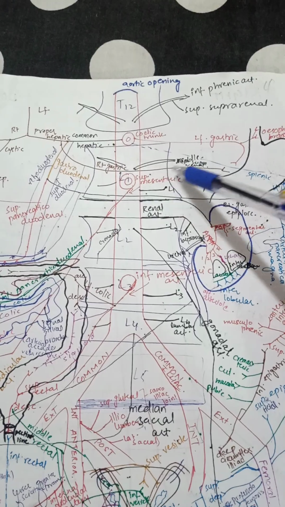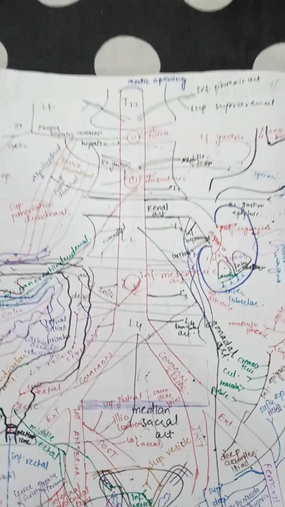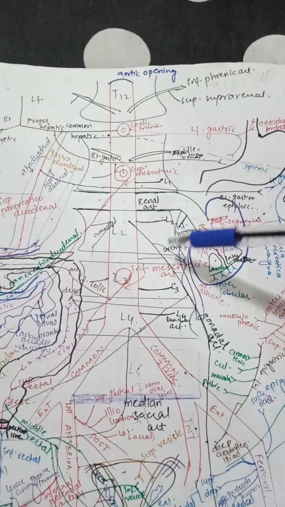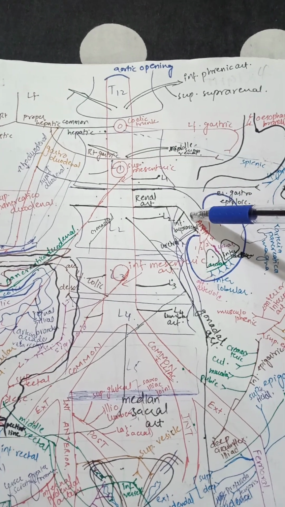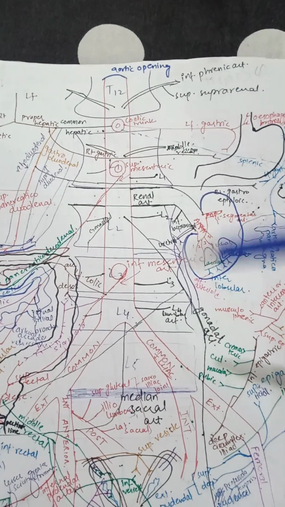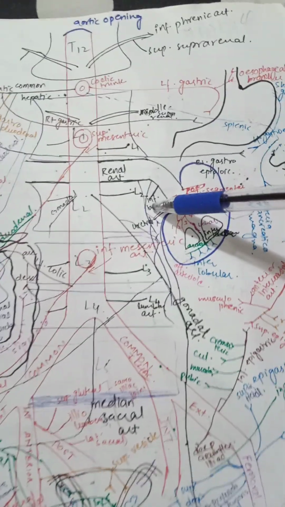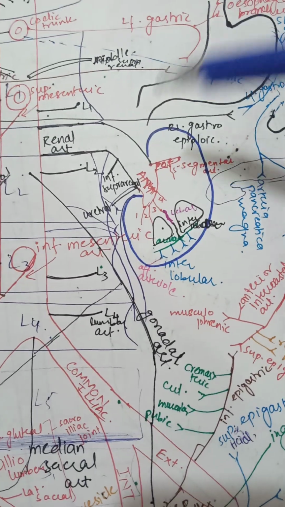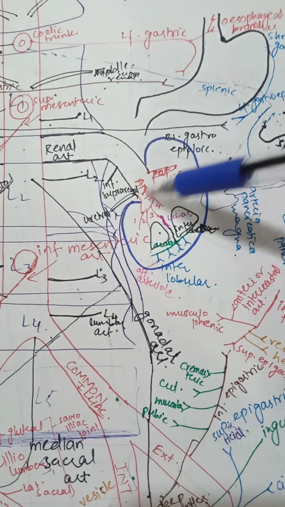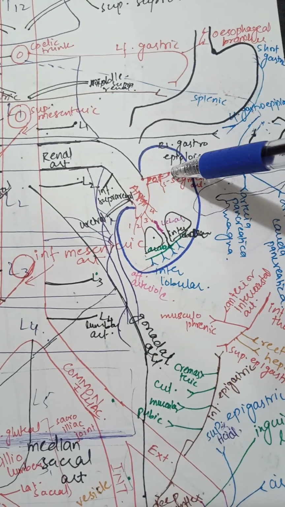Then comes the middle suprarenal, which is a direct branch of aorta, and then comes the renal artery, and the inferior suprarenal artery, which is a branch of renal artery. You can see the course of renal artery. Renal artery gives two branches, anterior and posterior.